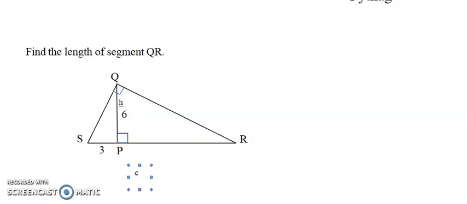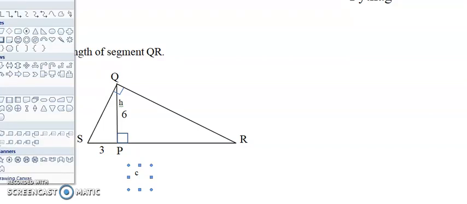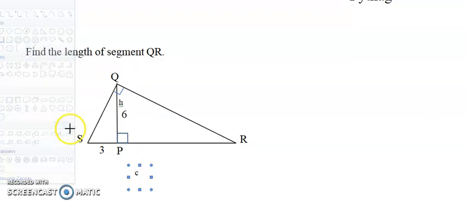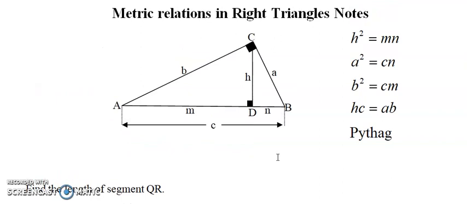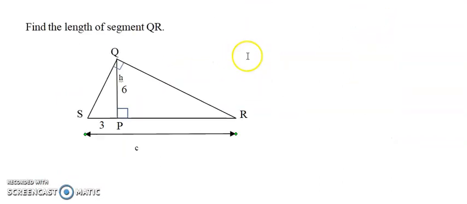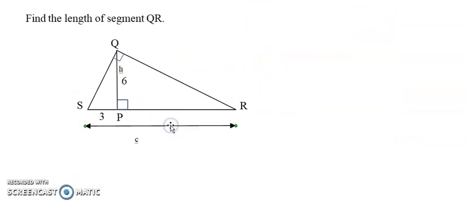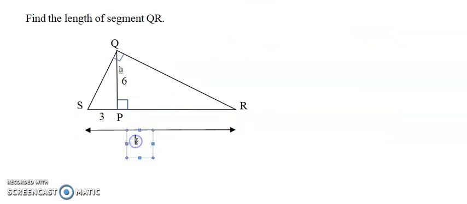I'll put in an arrow. And of the two legs, QR and SQ, I know that the larger one is B and the smaller one is A.